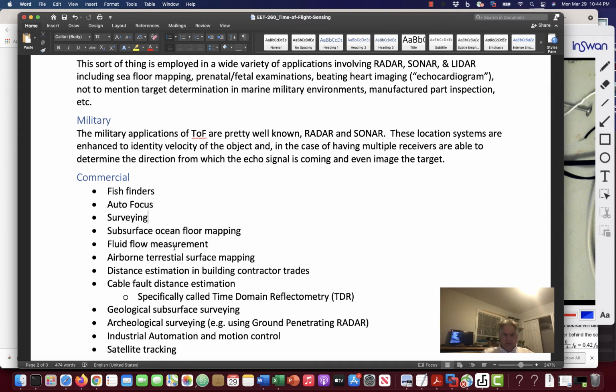Airborne terrestrial surface mapping works very similar to subsurface ocean floor mapping, except it's usually radar, or there's a couple different things. Sometimes they actually use a side scanning radar, but the idea is the same thing.